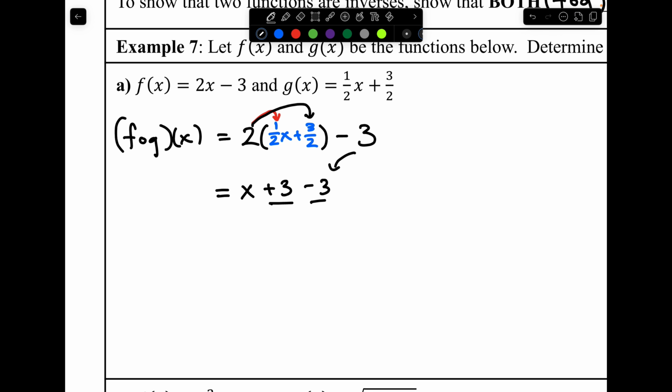Now combining these two terms gives us the value of x. So as you see right here, f of g of x gives us just the value of x. All we have to do is prove that we end up with the same thing, the value of x, when I do the substitution in the opposite order.